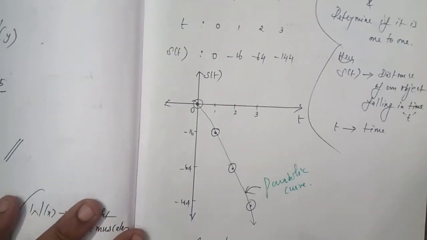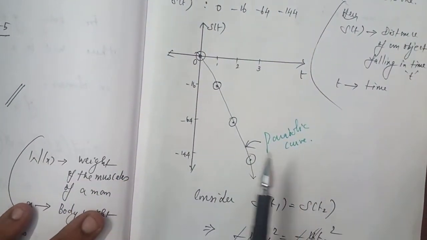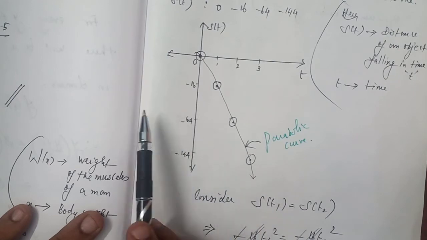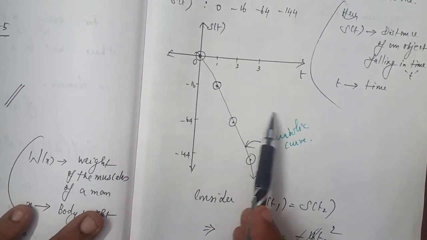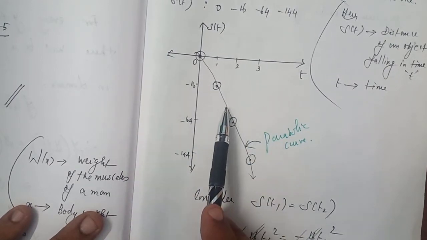Now one more verification is there. In the graph, if we draw a horizontal line and that horizontal line cuts the curve at only one point, we can say the given function is a one-to-one function.